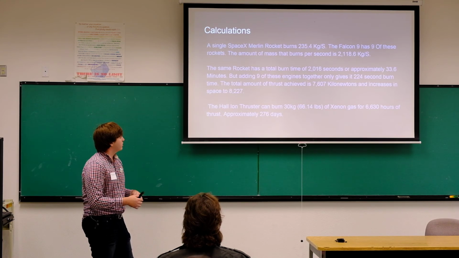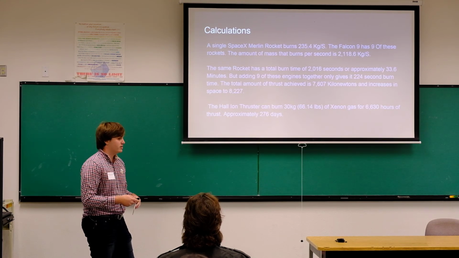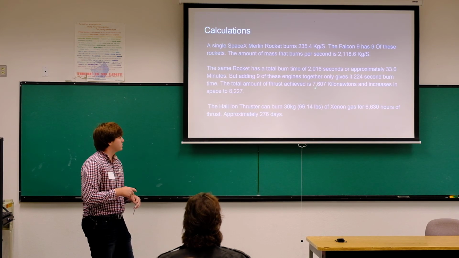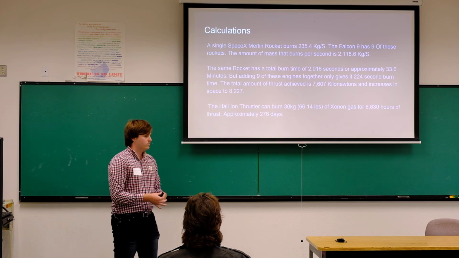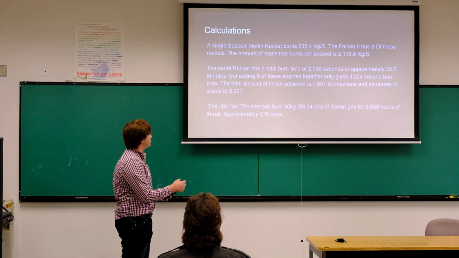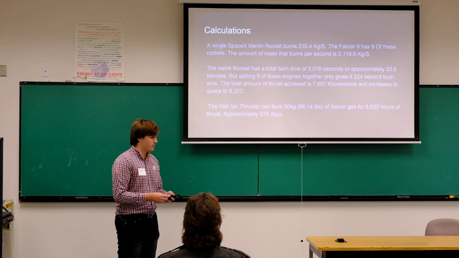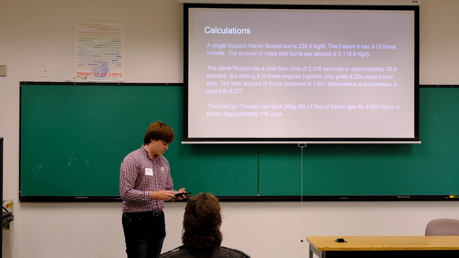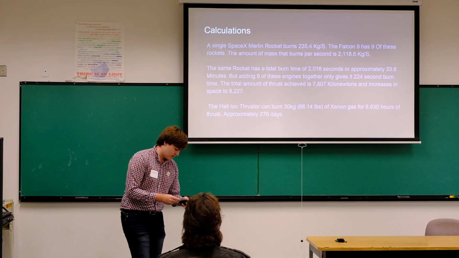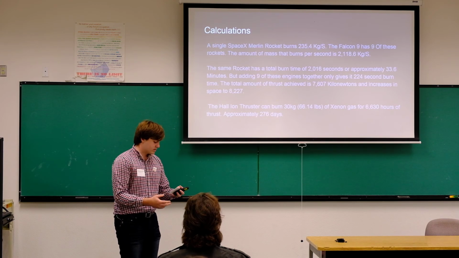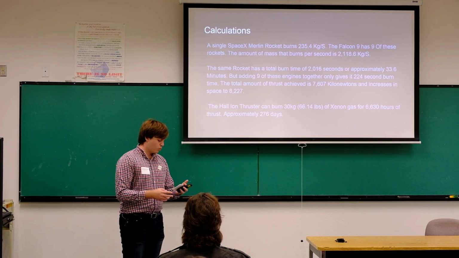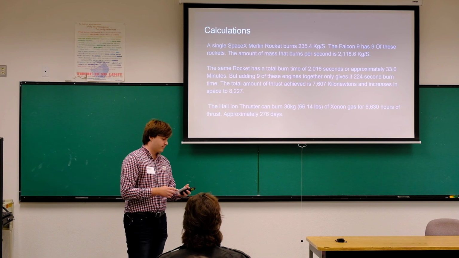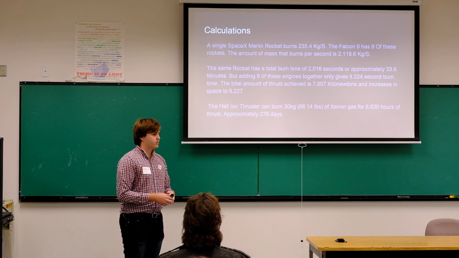So the total amount of thrust achieved from these is actually 7,607 kilonewtons. But in a vacuum, there's less drag force. So you're actually achieving 8,227 once you hit space, which is, I wrote it down here, 1,710,000 to 1,849,500 pounds of thrust.